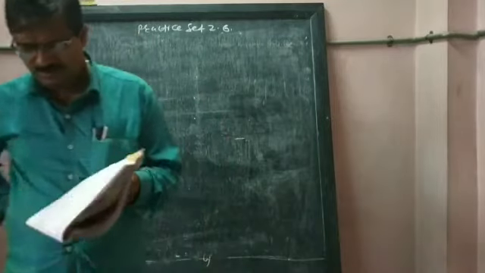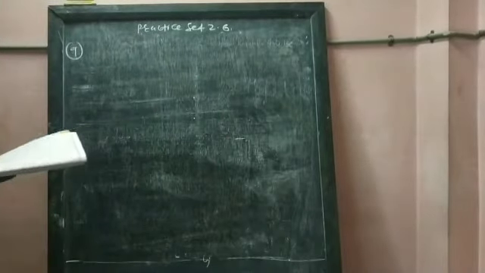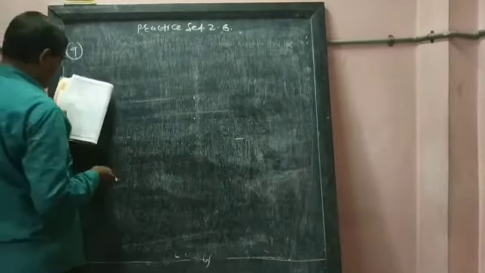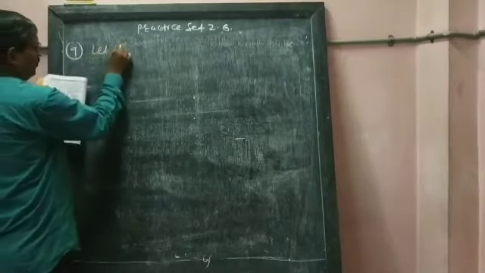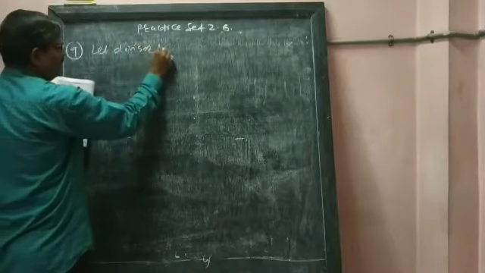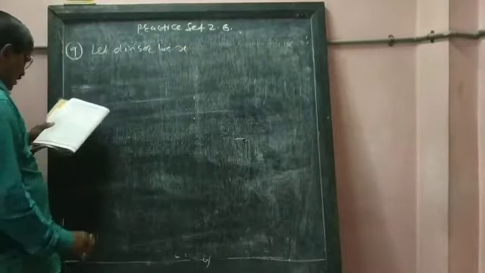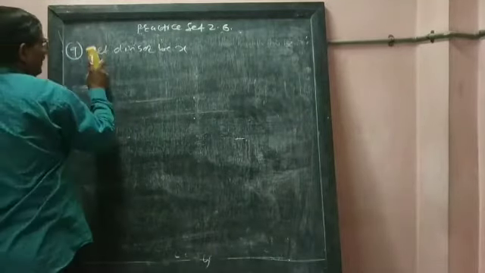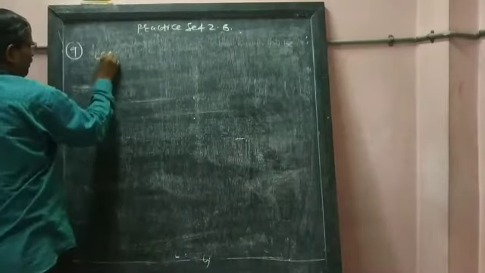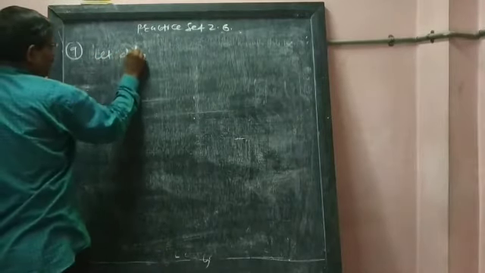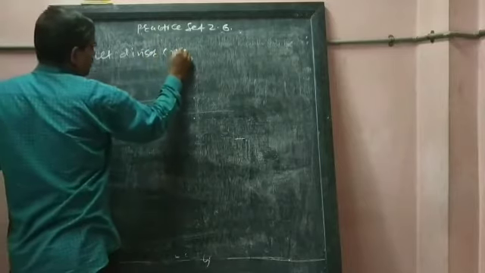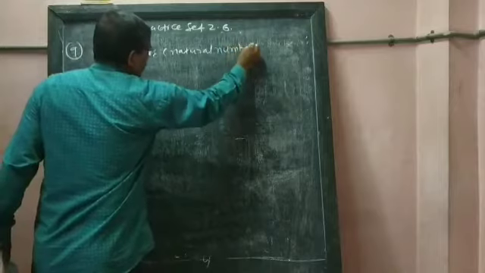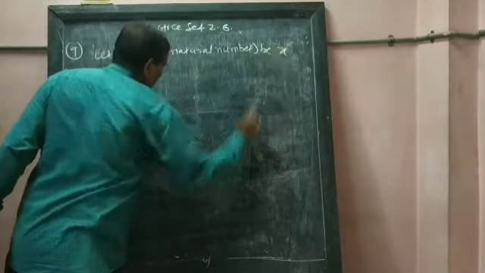Okay? We will find it. Let the divisor be x. Let the divisor, meaning the natural number, be x.